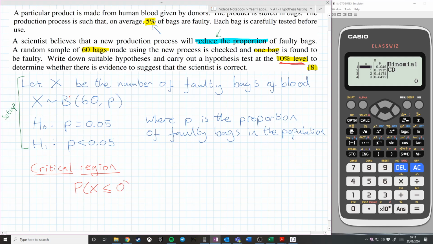So actually, the probability of x less than or equal to 0 is 0.046. That is less than 10%. And the probability of x less than or equal to 1 is equal to 0.1915. That is 19%, and that is greater than 10%.